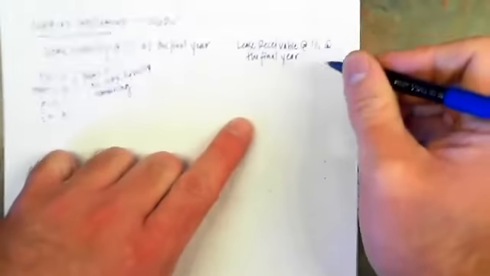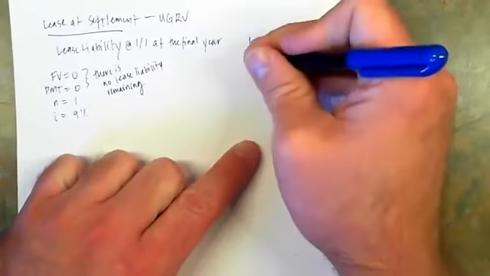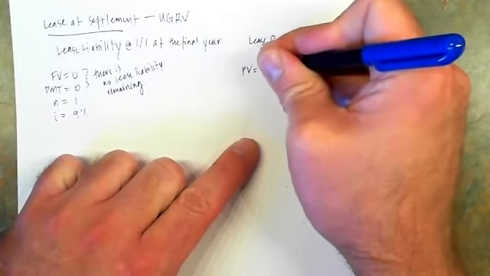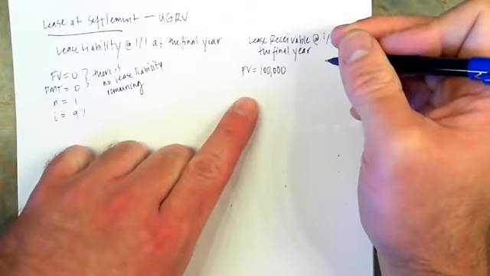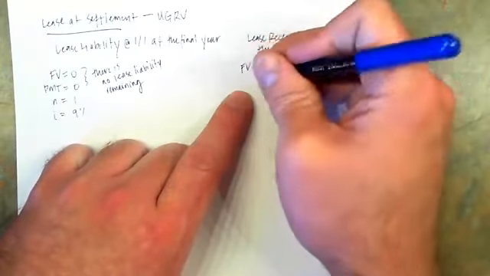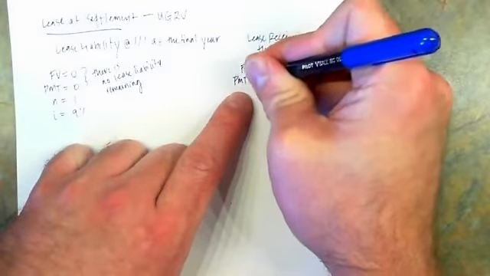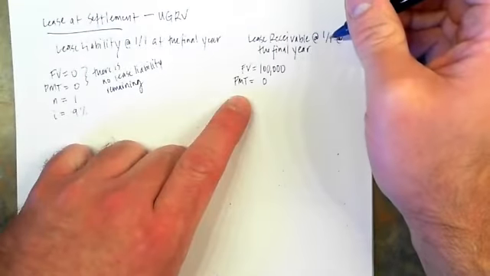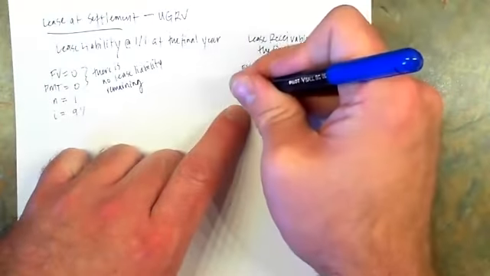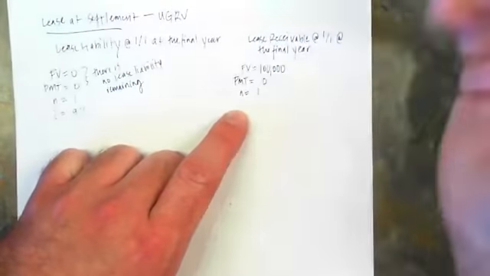Now, the lease receivable at the final year. Remember, the lessor still assumes they're going to get something back with a $100,000 value. That is their future value. There are no payments left for them to receive because they were paid it at 1/1. N equals 1 because we're 1 year away at 1/1 to 12/31.